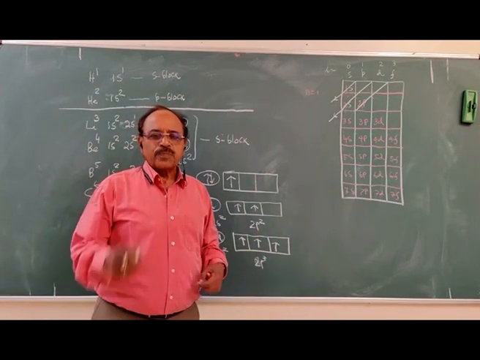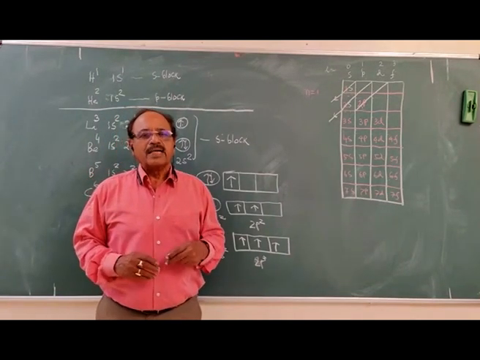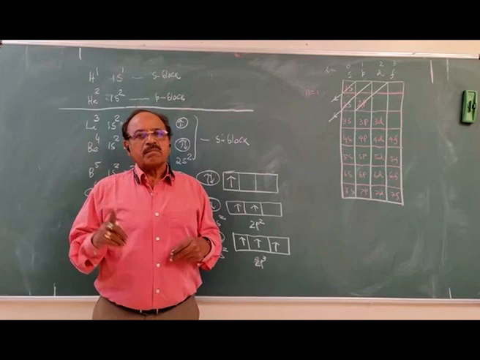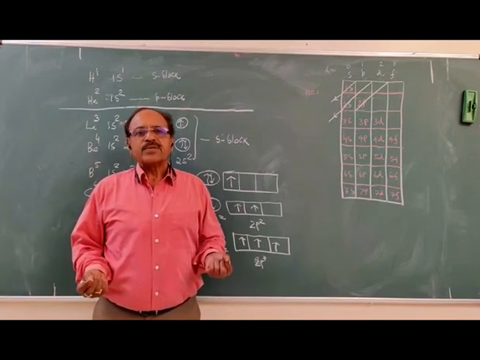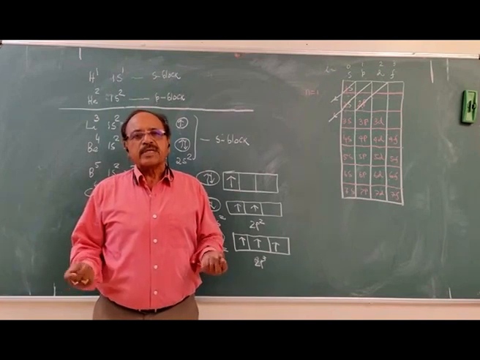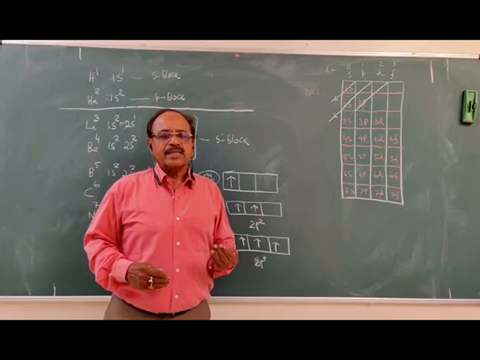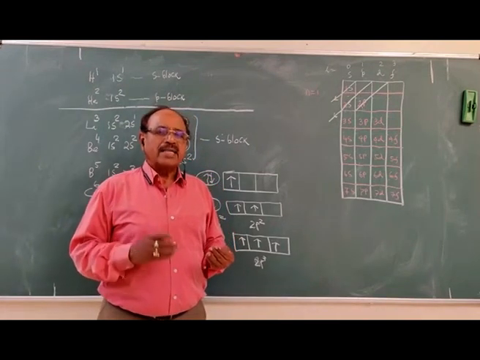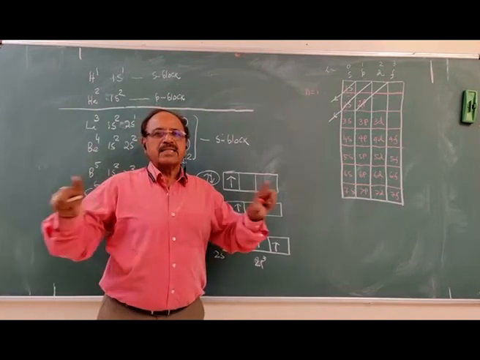Those of you who have read about ammonia, when you prepare ammonia, nitrogen combines with hydrogen to form ammonia. You have to heat it to 400 degrees centigrade in the presence of an iron, molybdenum promoter catalyst in an iron tube.